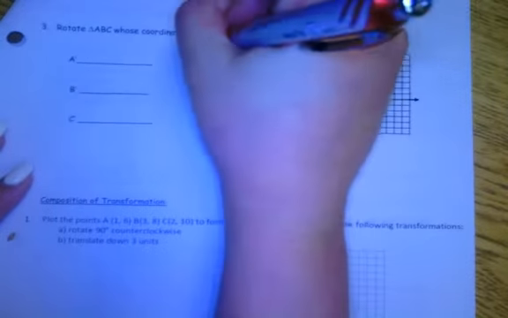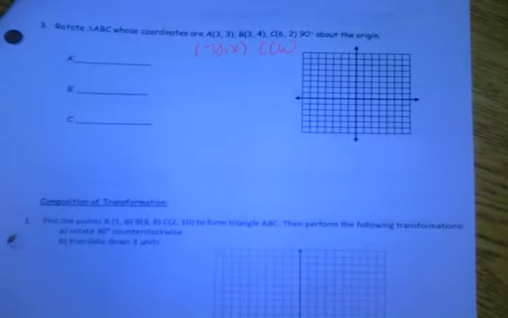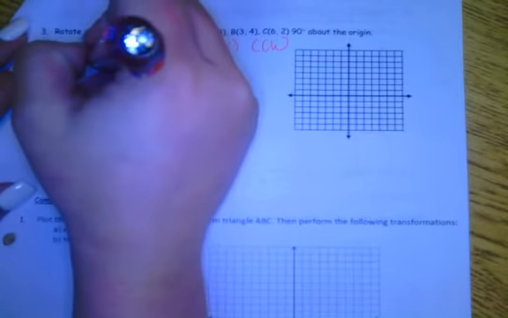Okay, rotate ABC, whose coordinates are given, 90 degrees about the origin. What's our rule? Negative y, x, and as Kinley said, we're still counterclockwise because it does not specify clockwise. Okay, so, Avery, what would A prime be? Negative 3, 3.